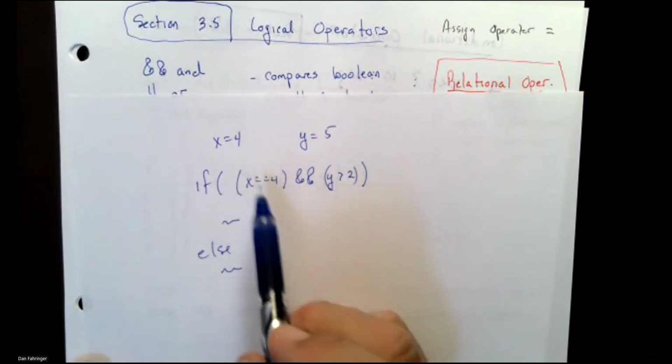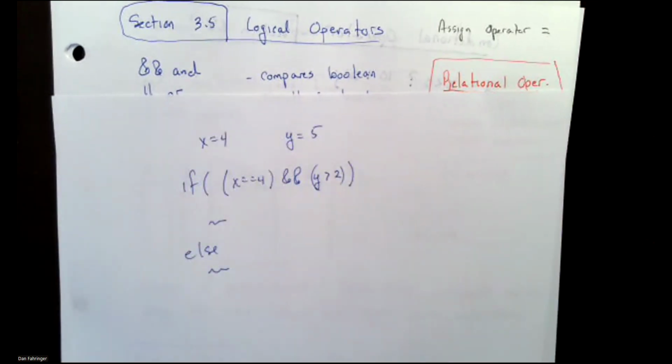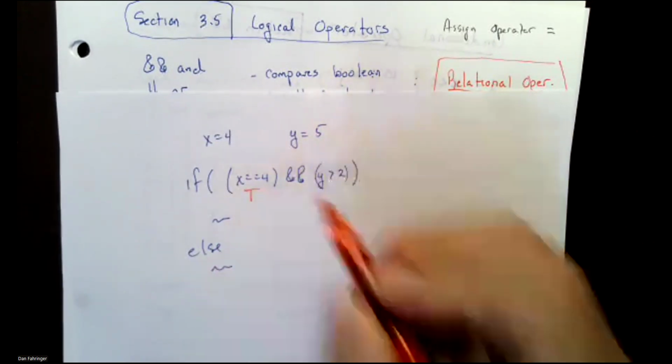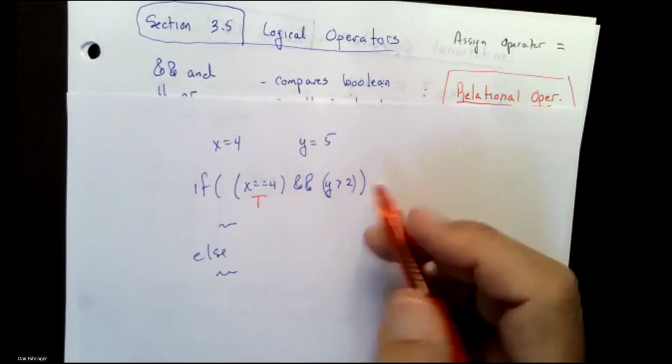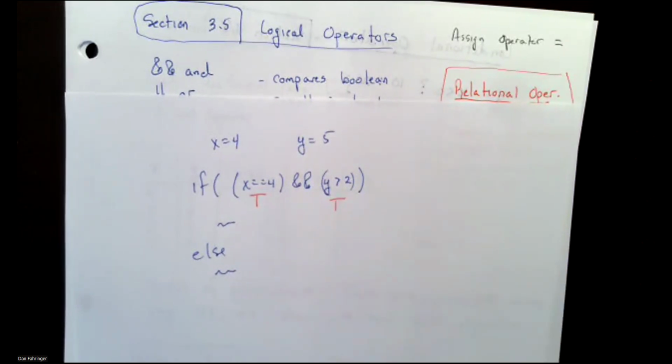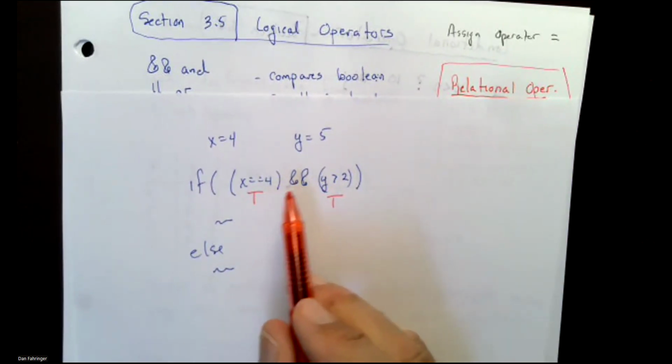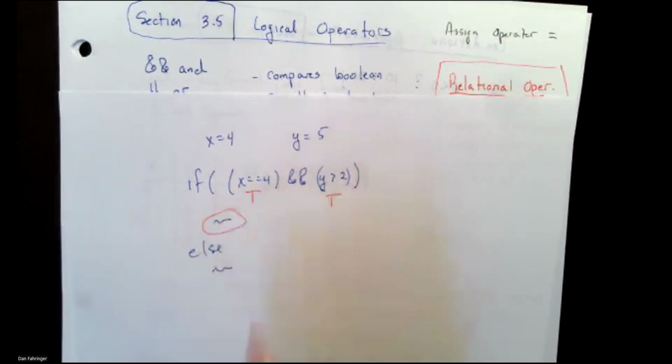Yep, x equals 4 evaluates out as true. Y is greater than 2 evaluates out as true. So if this is true and this is true, I will execute the next couple of statements based on this idea of truth tables.